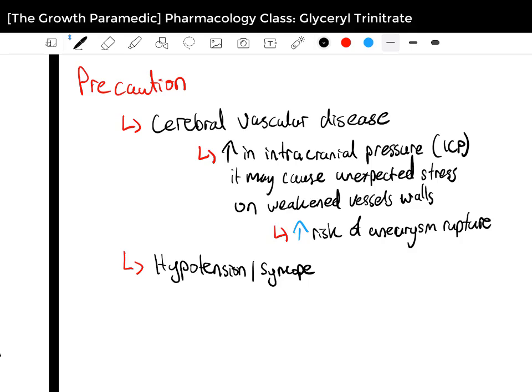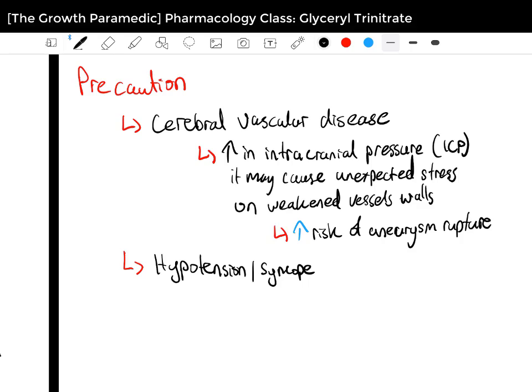So you know the normal range is about 100 to 120, and if the blood pressure is dropping down to the 80s and 70s, generally that's not enough for good perfusion of the body. And again, if you do that, that can run the risk of syncope, because there's simply not enough blood flow around the brain. So just be mindful that the blood pressure is adequate.